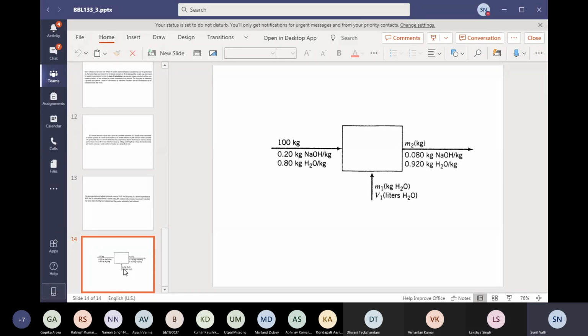250. Right. Now, the actual flow rate of the product stream is 2300 kg per minute. So what is the scale factor? Definitely 2300 divided by 250.